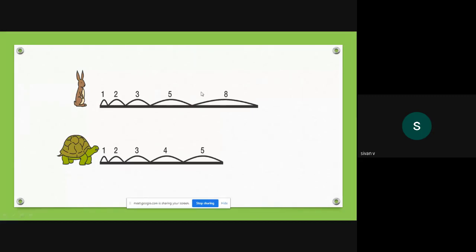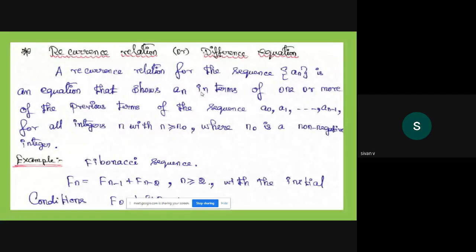அதான் definition. A recurrence relation for the sequence {an}, you can pronounce as sequence an, is an equation that shows an in terms of one or more of the previous terms of the sequence, a0, a1, ..., an minus 1.